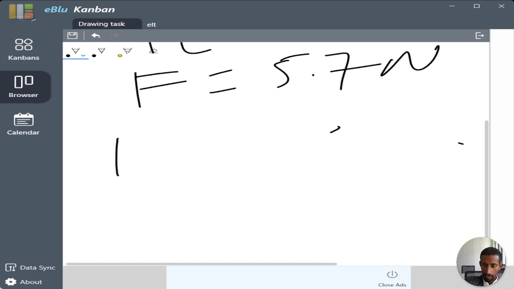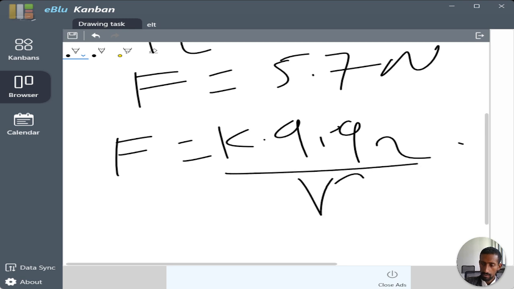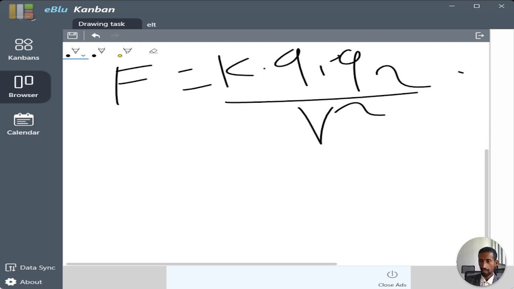So F is equal to K times Q1 Q2 over R square. Our target is to get R square. Q1 and Q2 are already given and F is known. So let's crisscross this one.